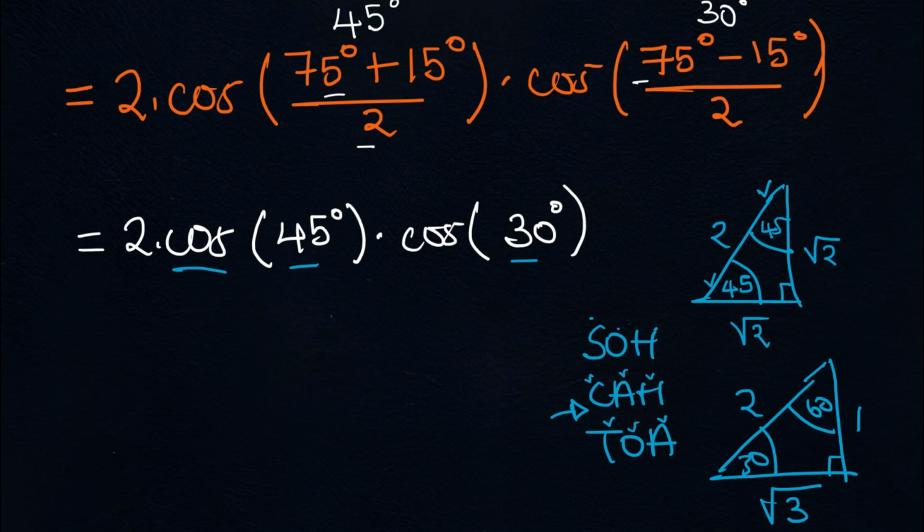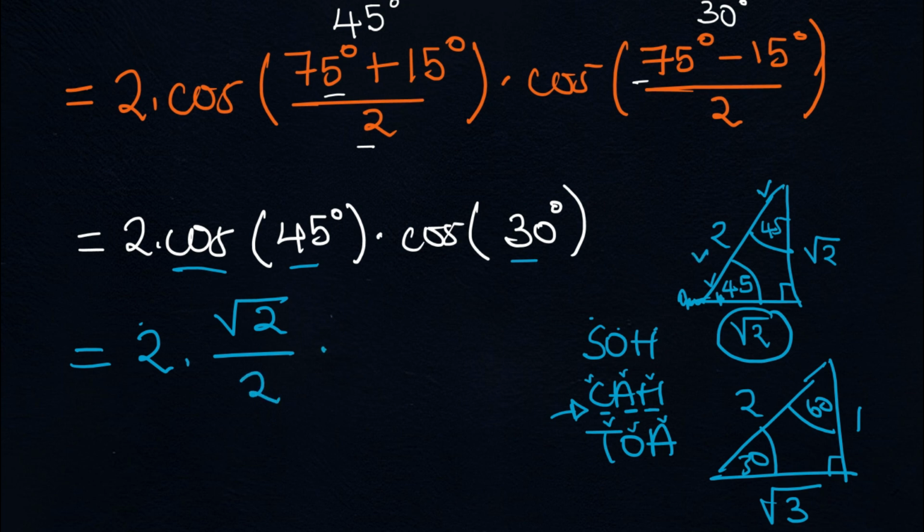So we are going to use the one in the base, this one. The cos is adjacent over hypotenuse. The adjacent of 45 degrees is going to be the square root of 2. So this is going to be equal to 2 multiplied by the square root of 2, and then the hypotenuse is 2 on this side.